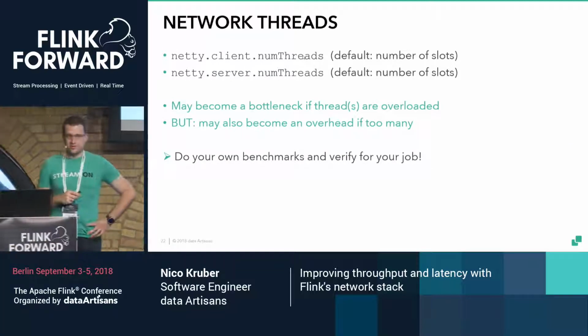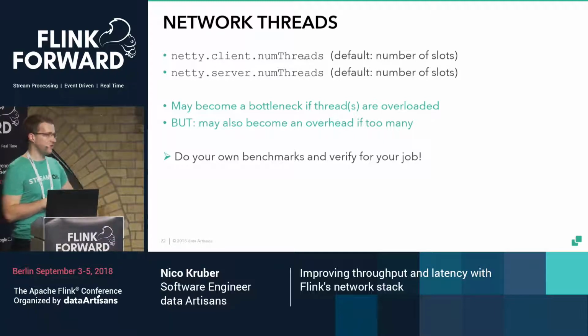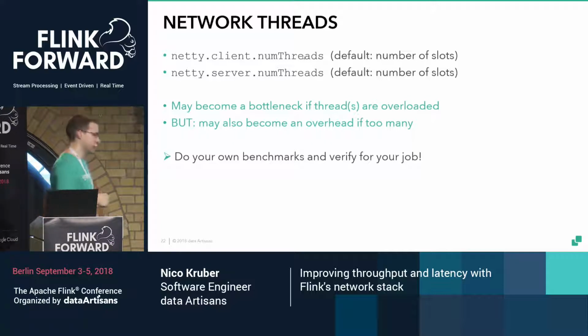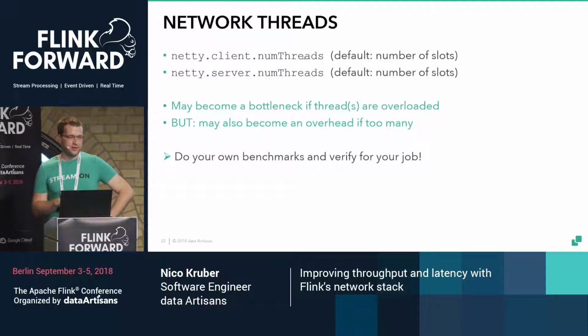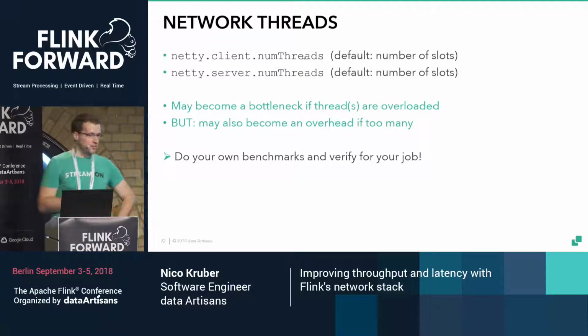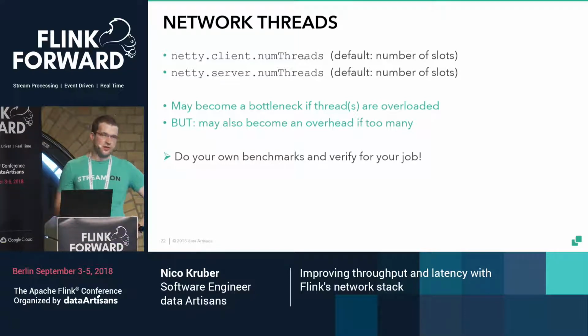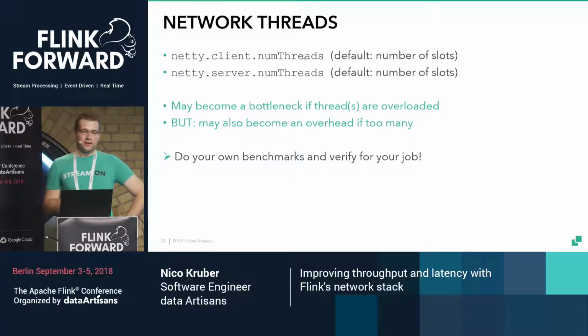What you can also tune inside the network stack, usually not necessary, is the number of threads that Netty uses. The default is the number of slots, each for the server and the receiver. There might be cases where those threads are the bottleneck. It shouldn't be. They should easily handle thousands of channels as well. But if some additional computation like encryption over the channels comes into play, then you might need to look at whether it's a bottleneck or not.